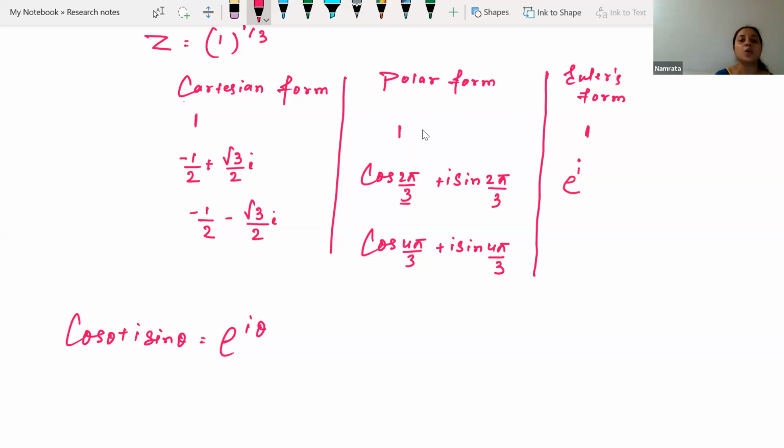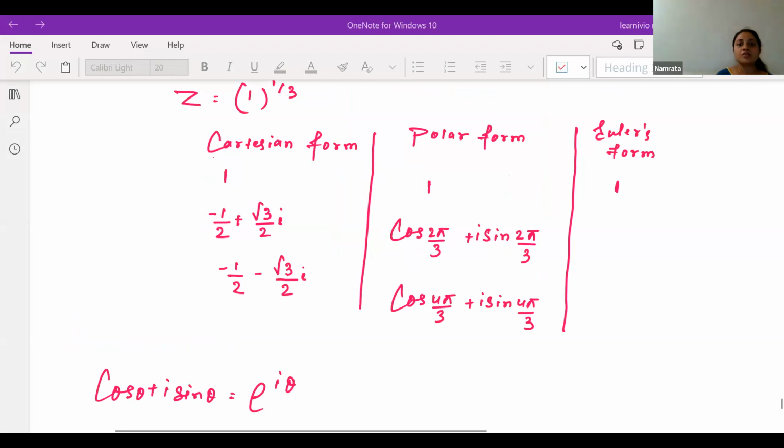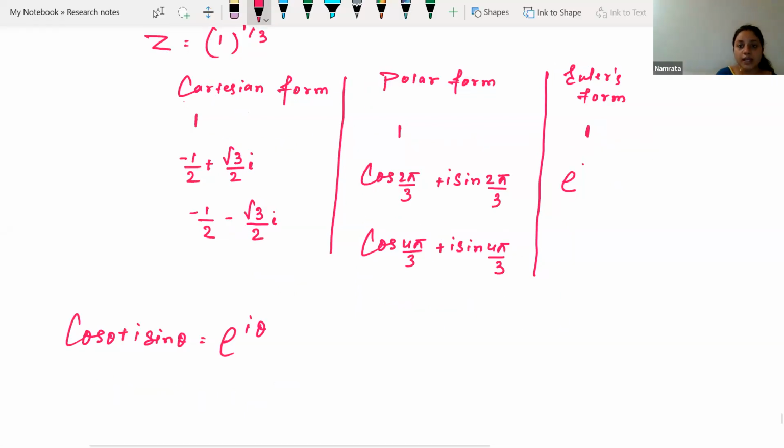So e to the power I theta, and theta is 2 pi by 3, right, Lina?